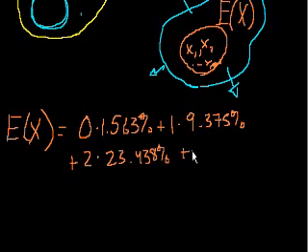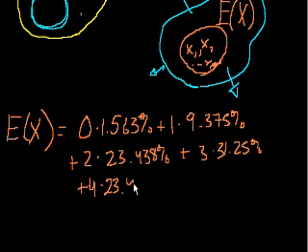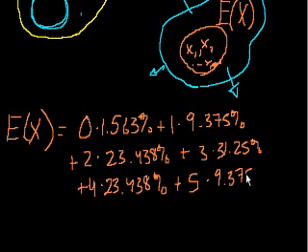23.438% of the time, plus 3 happens 31.25% of the time, almost there. 4, I get 4 heads out of 6 tosses, 23.438% of the time. I get 5 heads after 6 tosses 9.375% of the time.